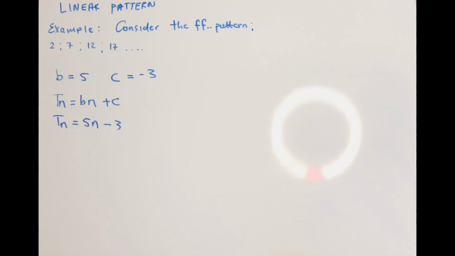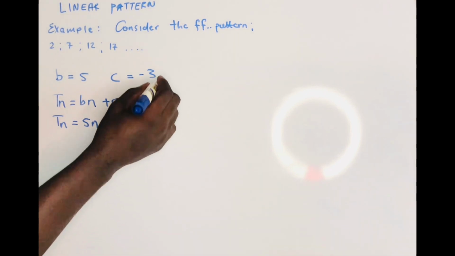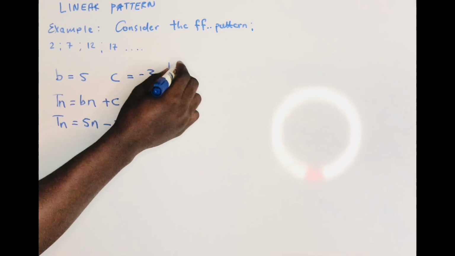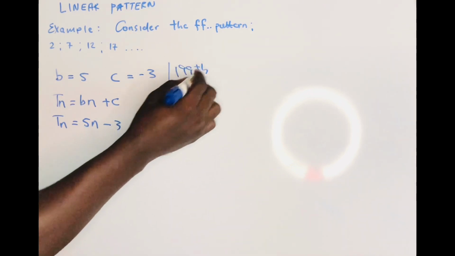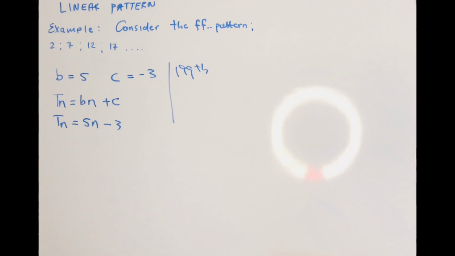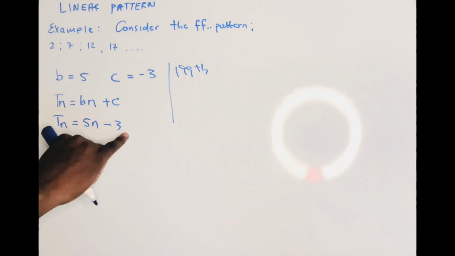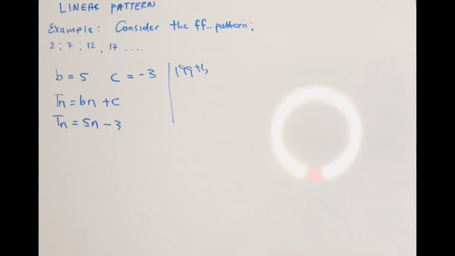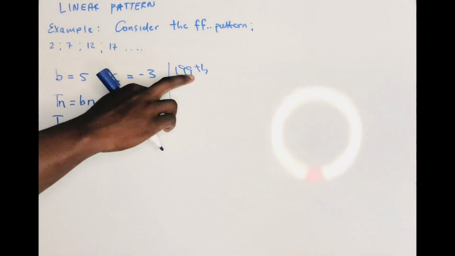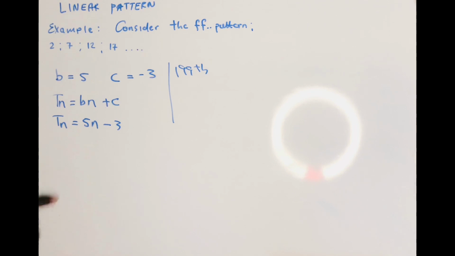So remember now, they asked us to determine the term in the 199th position. So this is your general term, because they say determine the general term, and you have determined the general term, and then they say hence determine the term that's on the 199th position. So we know n represents what? A position.